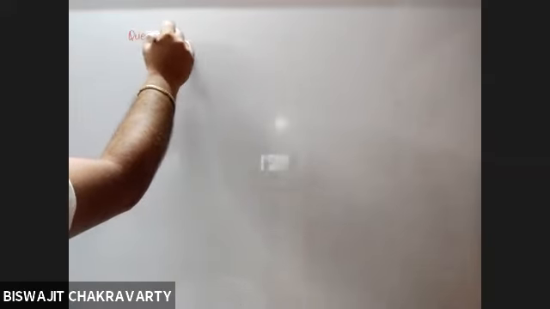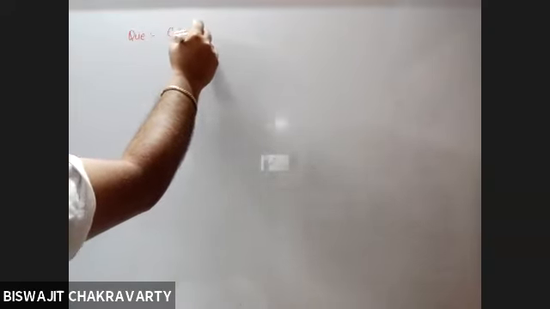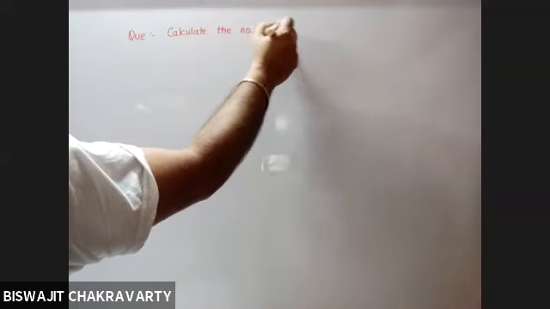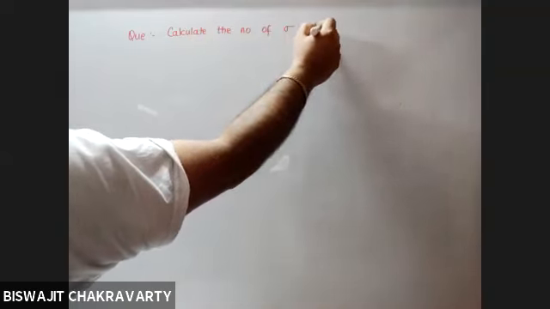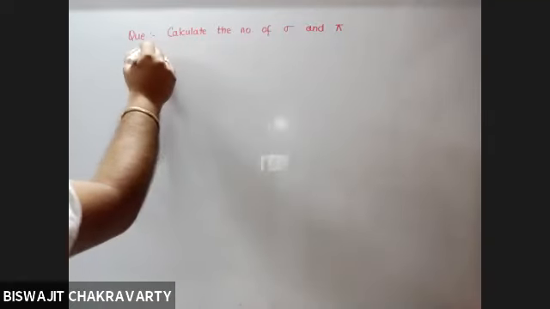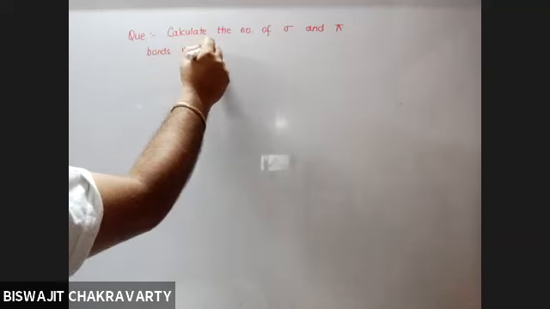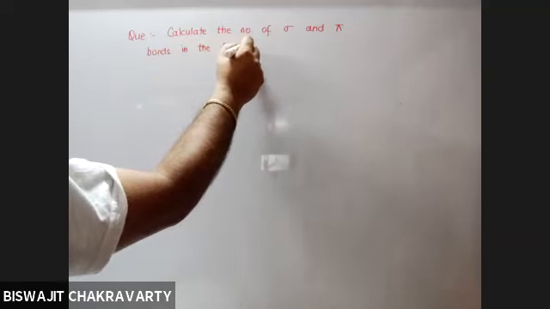So based on that, try out this question. Calculate the number of sigma and pi bonds in the following.